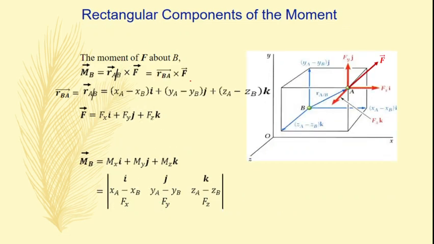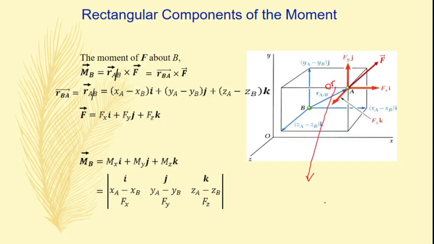Now here we did this thing again, that is, we can write the position vector r as r a slash b, or otherwise we can write it as r b to a.